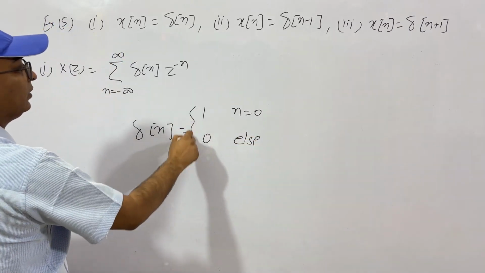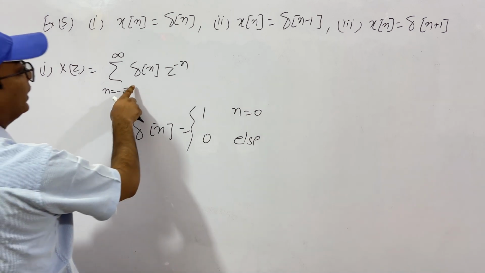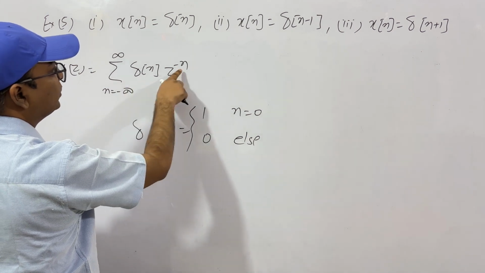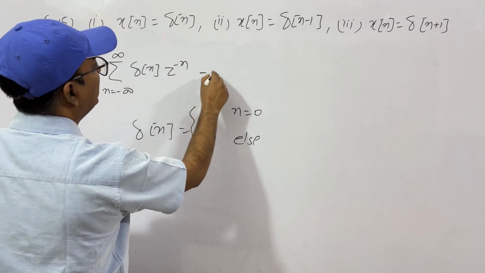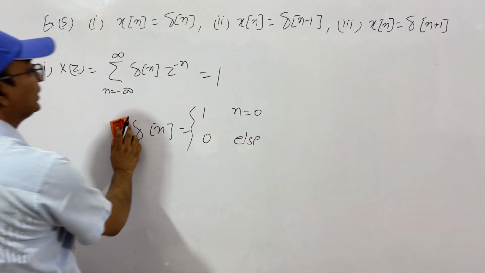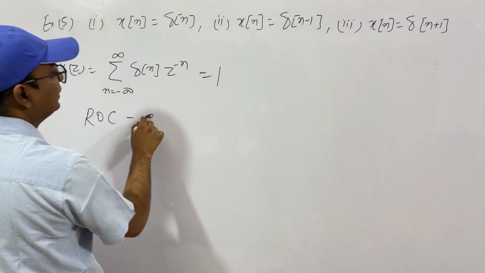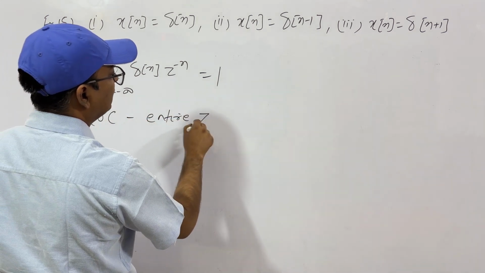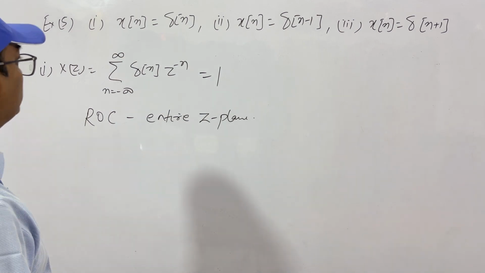At n equal to 0, this will be z to the power 0, so this will be 1. So X(z) is 1, which means the region of convergence is the entire z plane. There are no zeros and no poles.